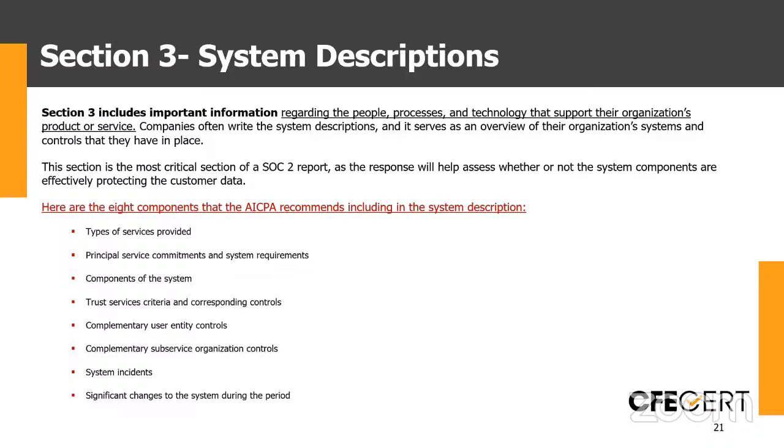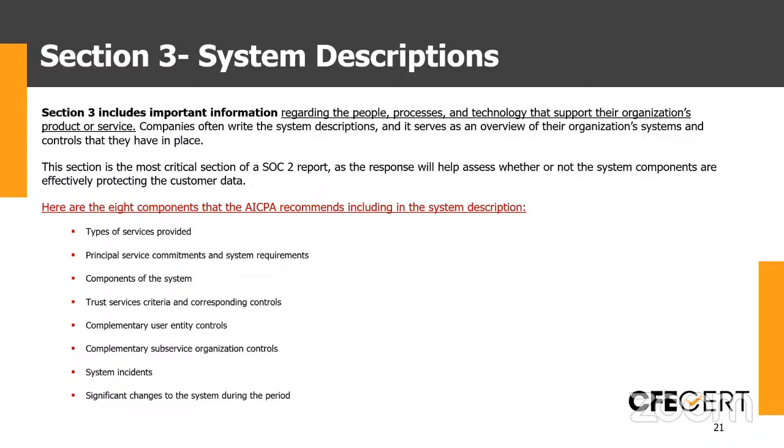And similarly, sub-service organization. If I'm providing a certain service like software development or any other service to my user organizations, but I'm taking help in turn from some other organization. So let's say I'm hiring developers from some ABC organization and I'm further outsourcing my work to some XYZ organization, then that XYZ organization becomes a sub-service organization for my user entity, because I'm the service organization for my user entity, and the organizations from which I'm taking further service become sub-service organizations.